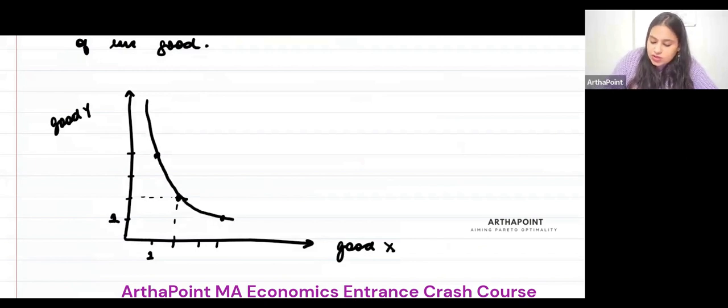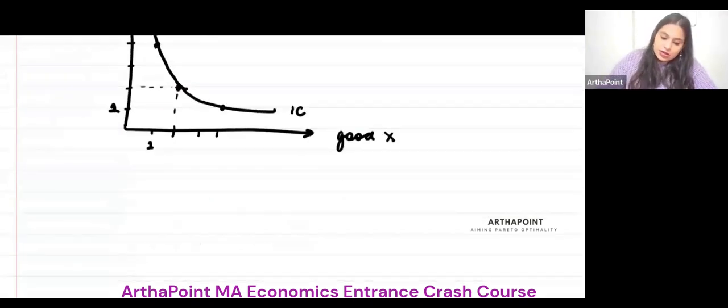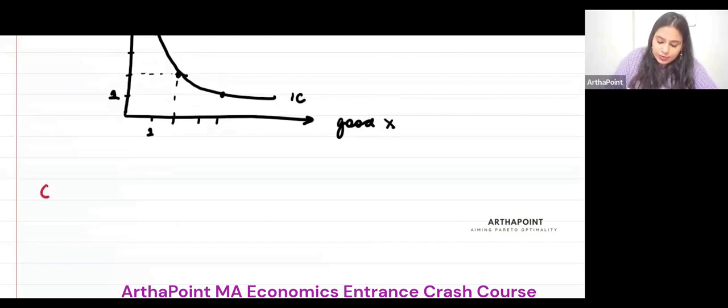When I join this, I get my indifference curve. This is a typical 2 commodity case that we are doing. Now let's talk about the equilibrium condition.